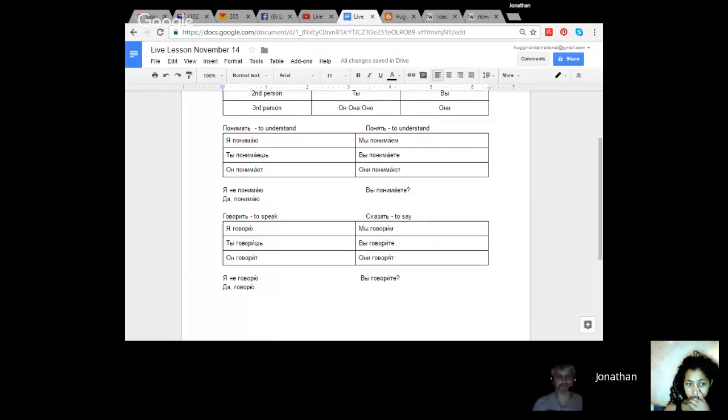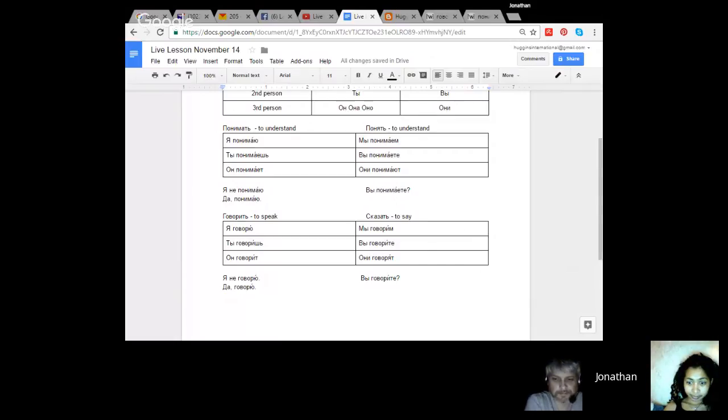I think in terms of conjugating or translating between Russian and English, you just have the three tenses. You just have the present, the future, and the past, and you don't have as many of the details that you might have in other languages like Spanish, French, Italian or English.